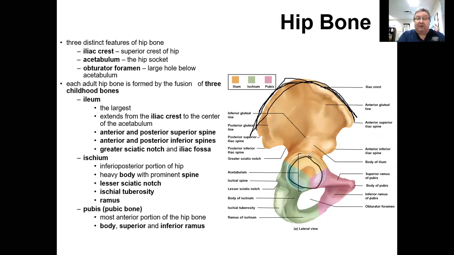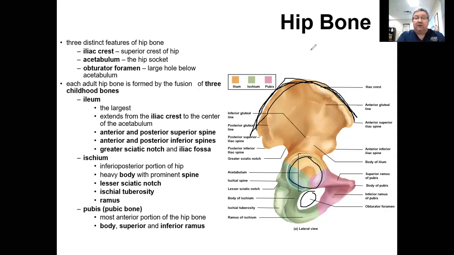That's where the femur attaches to. I'm not going to ask a question about this obturator foramen, but this hole right here is known as the obturator foramen. It is through that hole that basically the sciatic nerve passes through. So iliac crest, the acetabulum, and the obturator foramen.